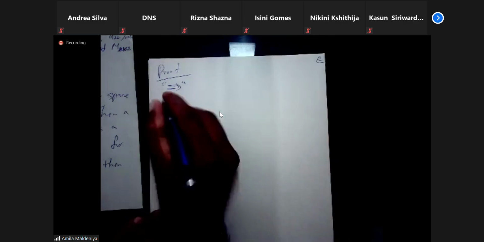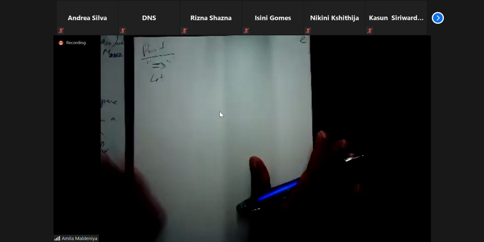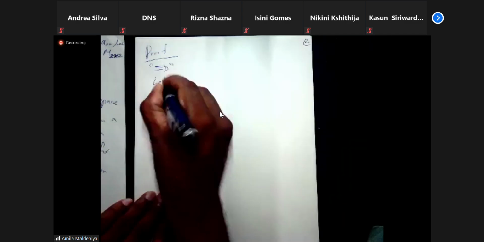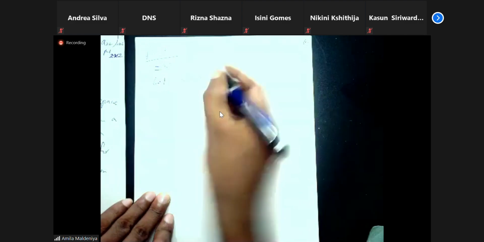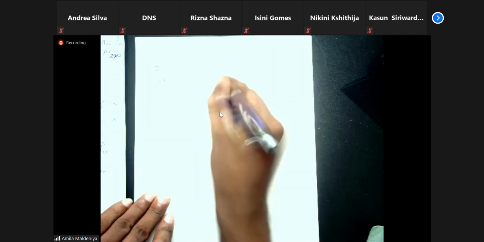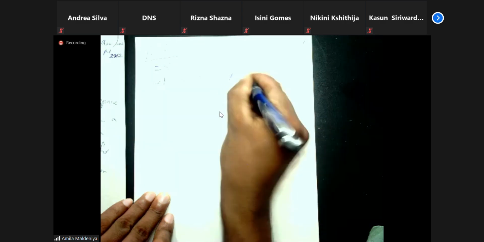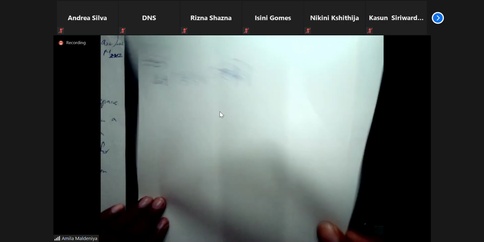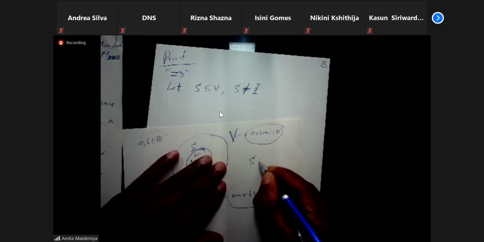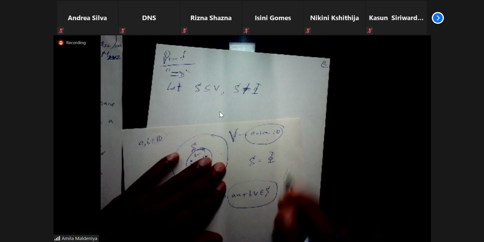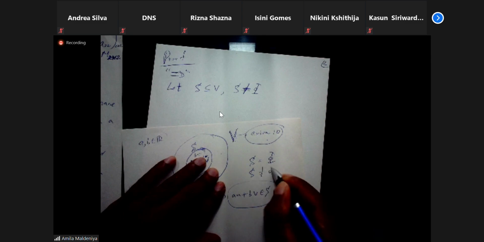So let S be non-empty. Don't worry about the notation. S is empty, normally we write it this way, no? If it is non-empty, we write is not empty.